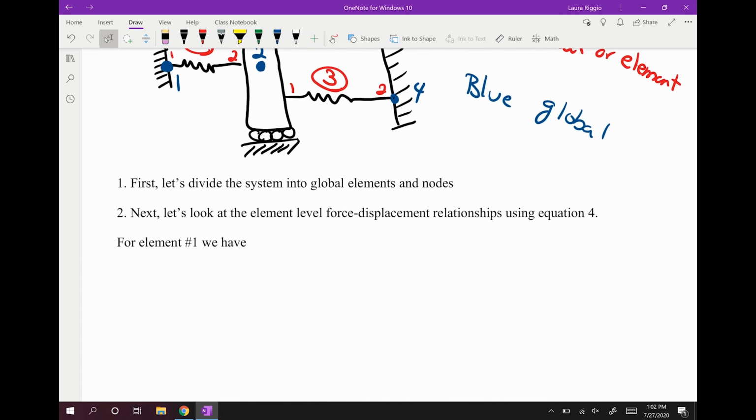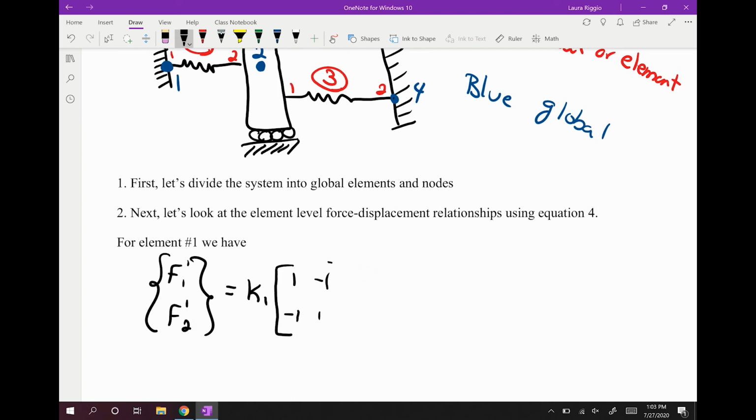For spring 1, we'd have the force in spring 1 at node 1 and the force of spring 1 at node 2, which are the two ends of my spring, is equal to the spring constant of spring 1 times the matrix [1, -1; -1, 1], times the displacement of spring 1 at node 1, and the displacement of spring 1 at node 2.